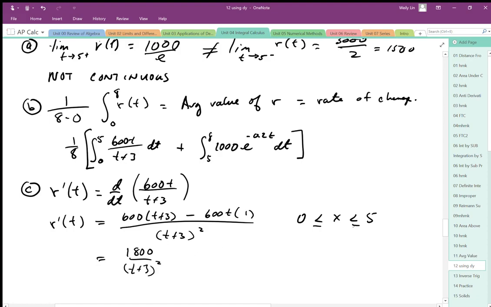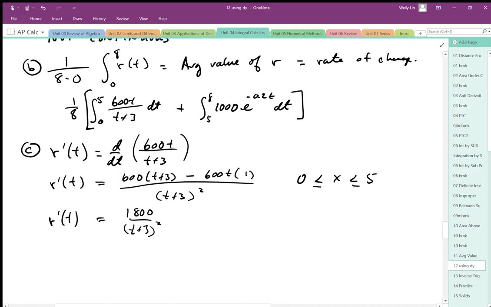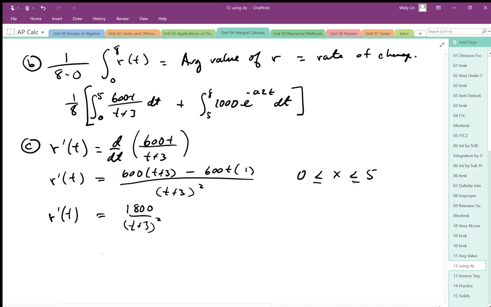We want to find R prime of t as t goes to 3, so we need to use a limit here. R prime of 3 is equal to the limit as t goes to 3 of 1800 over t plus 3 squared. This is going to be 0 in the denominator, and it doesn't matter which side because we're squaring it.